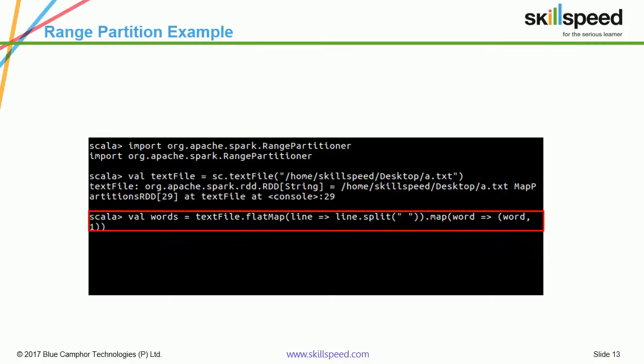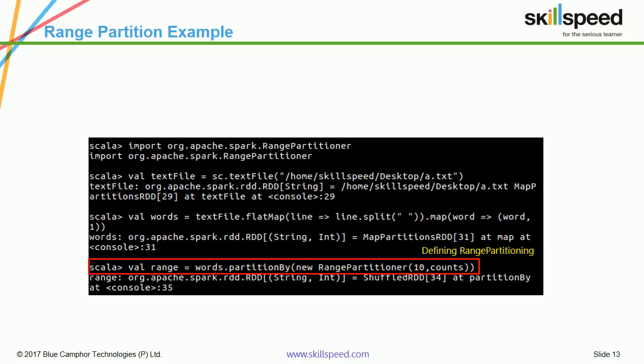And then I'm creating the words RDD by applying the flatMap and map transformation on the textFile RDD. And after this I'm creating another RDD called range. This time I'm saying words.partitionBy(new RangePartitioner(10, counts)). So here counts becomes the key range and 10 is the number of partitions that you want.